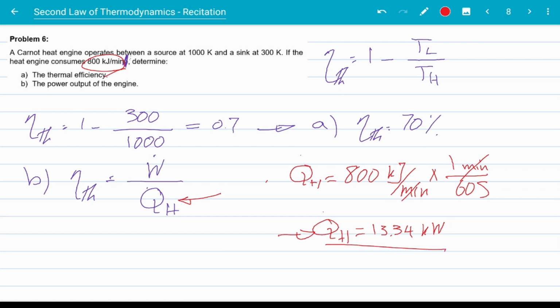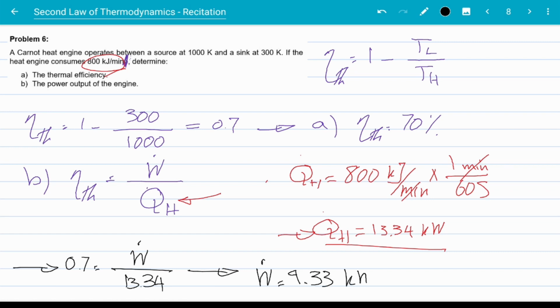Okay. Now this is a familiar unit. I can plug this back into our equation and find the W dot. So from part A, I know that thermal efficiency is 0.7. W dot is unknown. Q dot H is 13.34. Do the math, and you get W dot is 9.33 kilowatts.